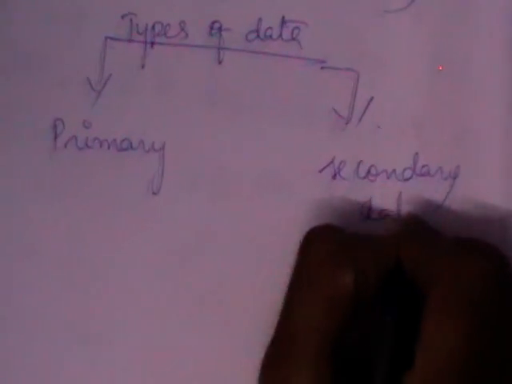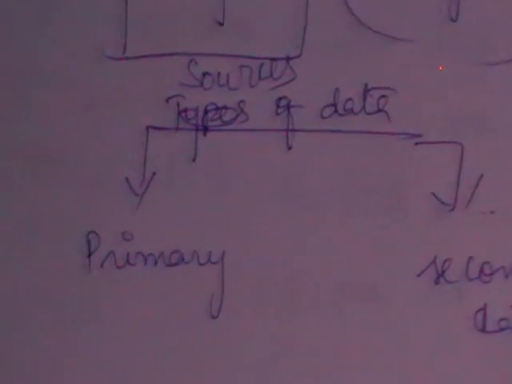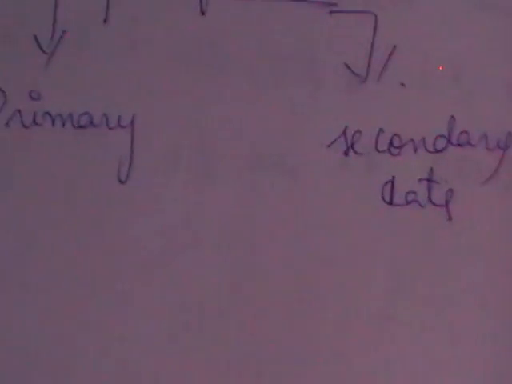Actually, these are not the types of data, these are sources of data. What do we mean by source? The way we get the data. The sources of getting data can be classified into primary data and secondary data. Let us see what primary data is.